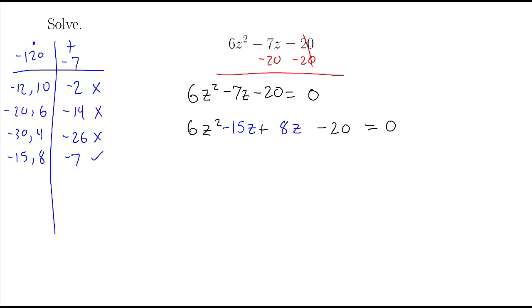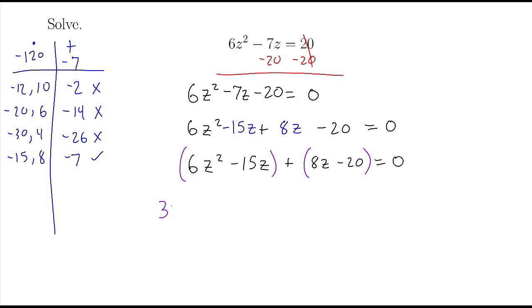Okay, so now I am going to group together the first two terms. Let me rewrite it all before I try to group them. But I'm going to group together the first two terms and the last two terms, so I can look for greatest common factors. Okay, 6z squared minus 15z. 6 and 15 are both divisible by 3, and both terms have a z in common.